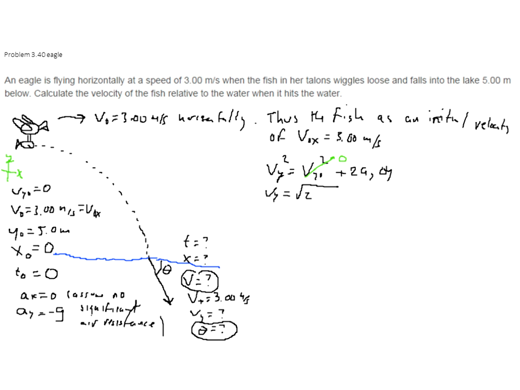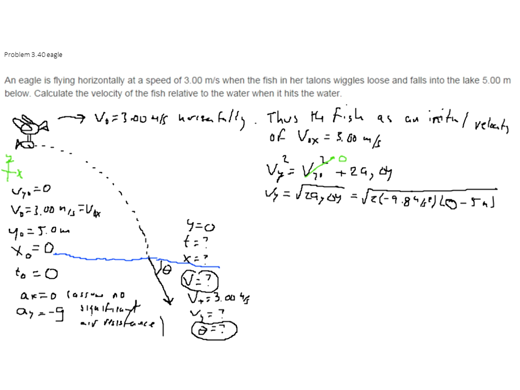It's going to equal the square root of 2Ay delta y, which equals the square root of 2 times negative 9.8 meters per second squared times delta y, which is y final. That is 0. So y final is 0. Oops, that's not a 0. 0 minus y initial, which is 5 meters.